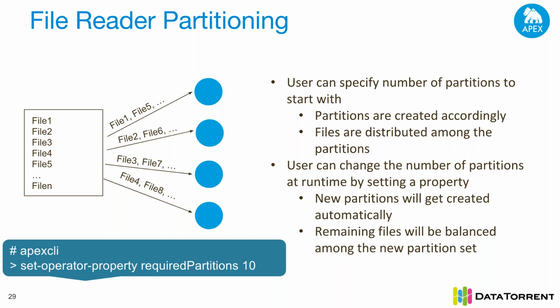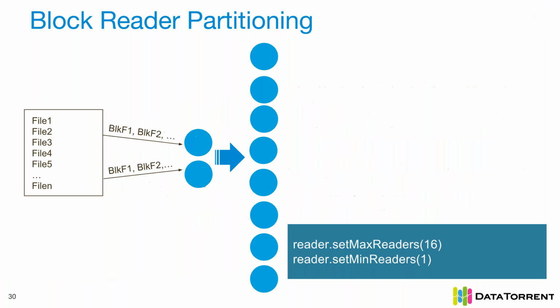When you change the number of partitions at runtime, new partitions are created automatically. You can simply increase the number of partitions by setting the partition count property to some value, and it will increase the number of partitions in the file reader operator. Once it gets redeployed, the remaining files from the same directory are distributed among the new partitions.